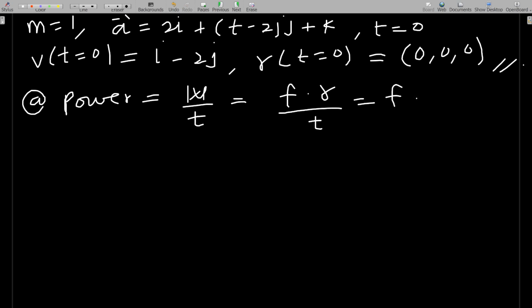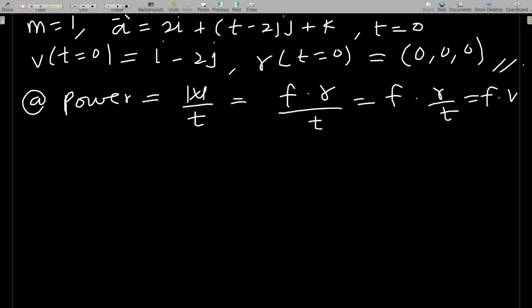This can be written as F dot (r over t), and you know that this becomes F dot v, because r over t is your velocity. I hope you get this point.